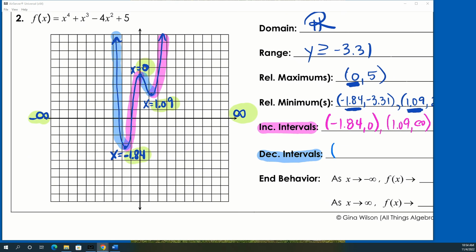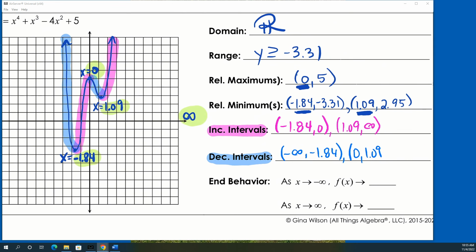All right, decreasing, we're going to go from negative infinity to negative 1.84. And then from 0 to 1.09.